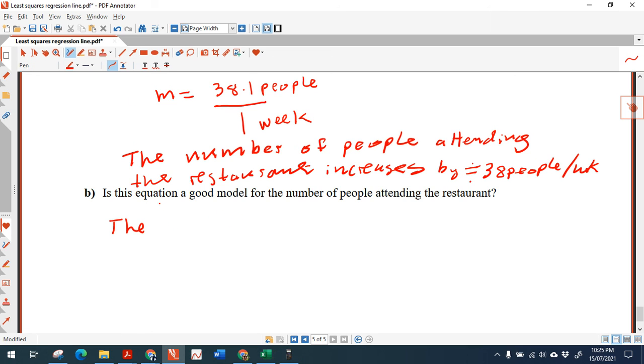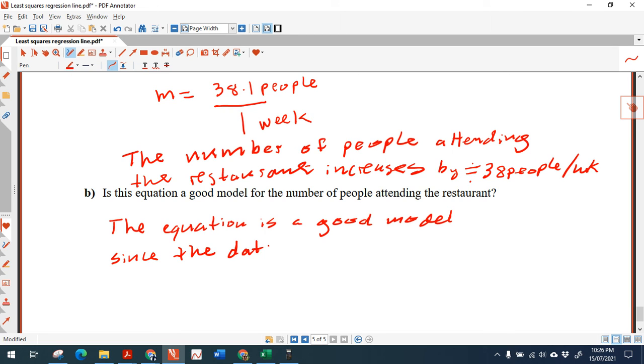So the equation is a good model, since the data points are so close to the line.